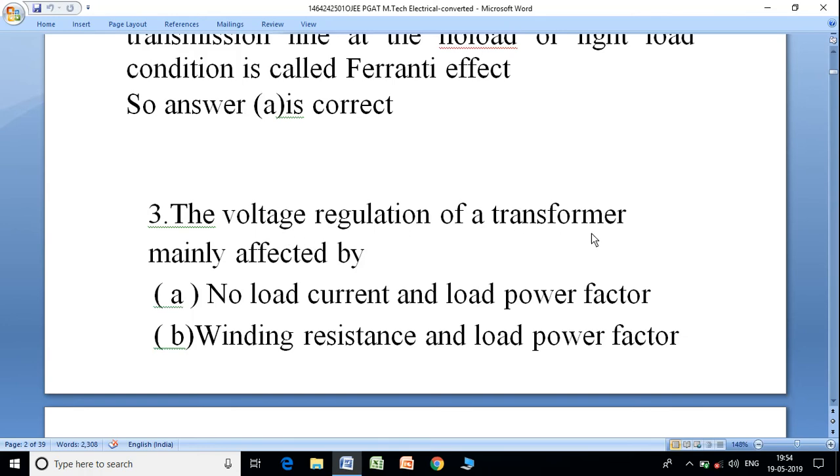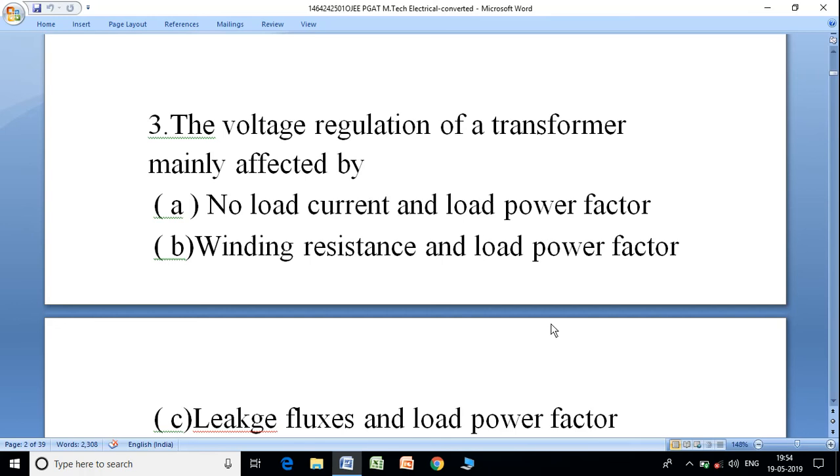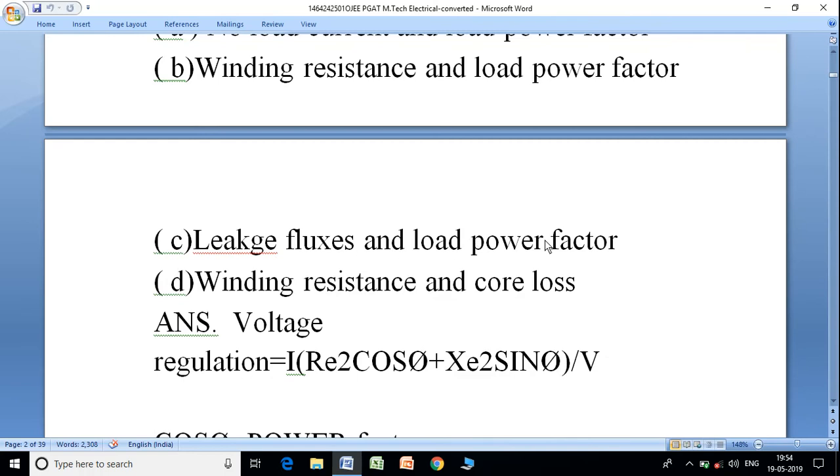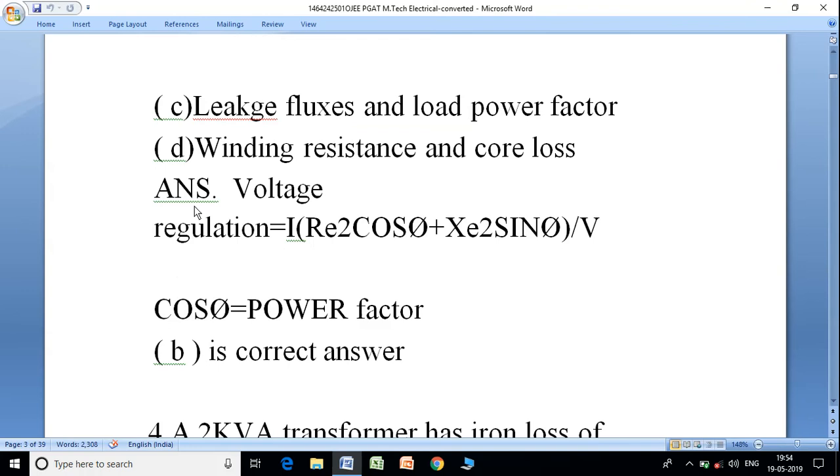The voltage regulation of a transformer is mainly affected by: no load current and load power factor, winding resistance and load power factor, leakage flux and load power factor, or winding resistance and core loss. So let us see the answer. Voltage regulation, as we already know, is I into R e2 cos phi plus X e2 sin phi divided by V. Here cos phi means the power factor.